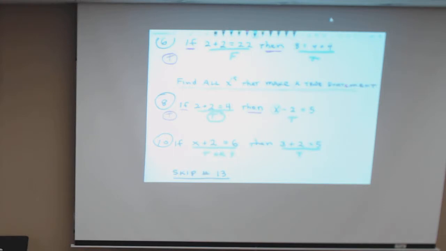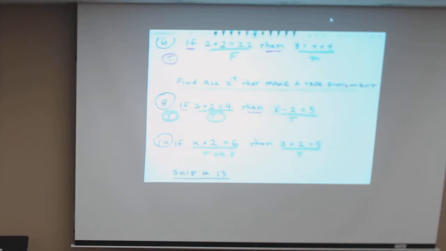Then x minus 2 equals 5. For this to be a true statement, remember what it said? Find all the numbers that make the sentence true. So it has to be a true statement.